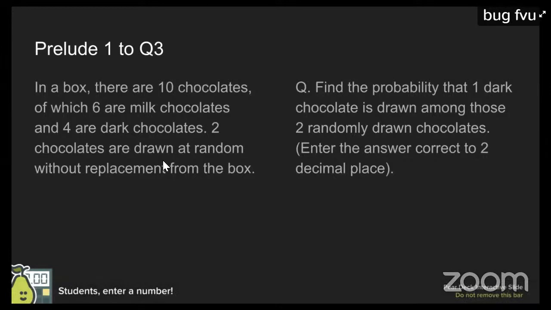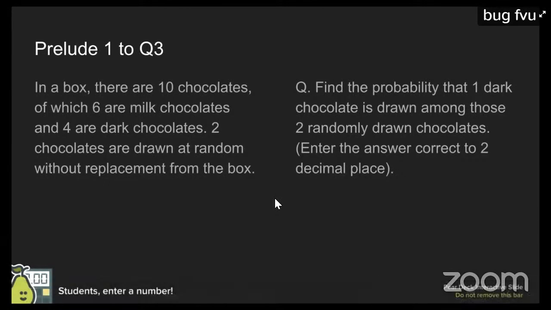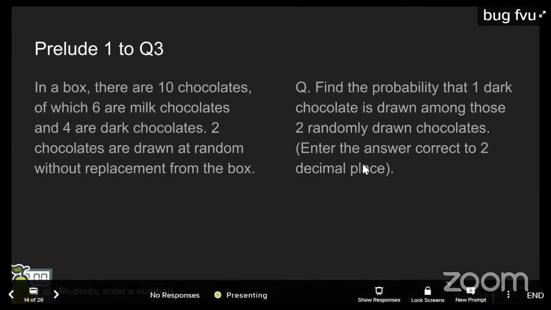You need to find the probability that one dark chocolate is drawn among those 2 randomly drawn chocolates. In general, you are drawing 2 chocolates from this box of 10, and you need the probability that you get one dark chocolate and one milk chocolate, right?